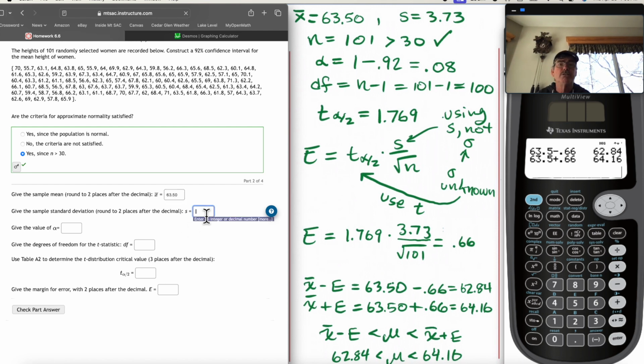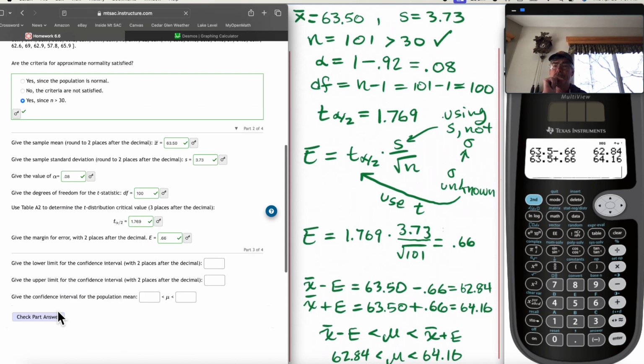Sample standard deviation 3.73. Alpha was 0.08. Degrees of freedom, n minus 1 is 100, so 100 degrees of freedom. T sub alpha over 2, 1.769. Margin of error, 0.66. Okay, fingers crossed, everything looks great.